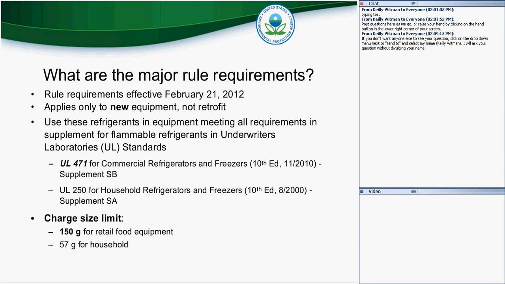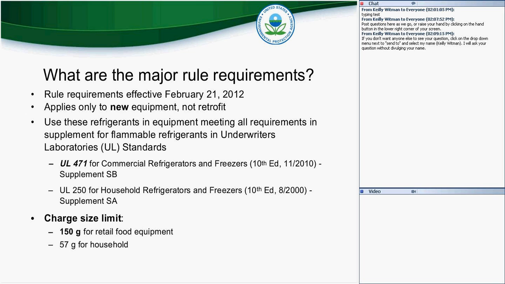So, especially if you are interested in systems that use larger amounts of hydrocarbons or other types of refrigerants, or other uses of hydrocarbons for other types of equipment, I think the best way to deal with all of these questions is to say that you should go ahead and contact the SNAP team.